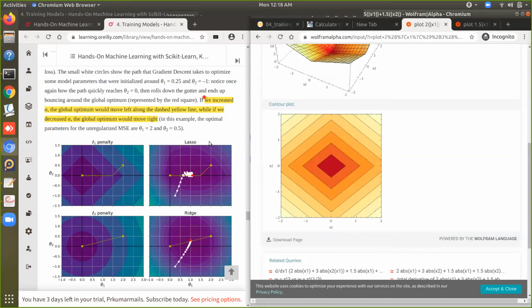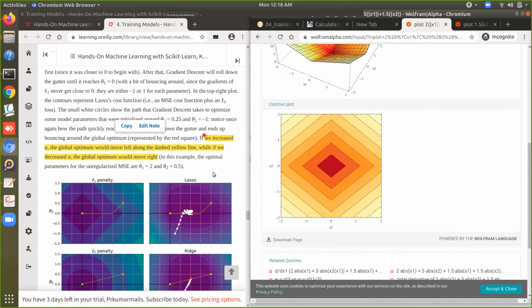From my understanding, when we increase alpha with lasso, it essentially eliminates some of the unimportant weights. I was trying to get an intuition for how those are related. What exactly is the global optimum?